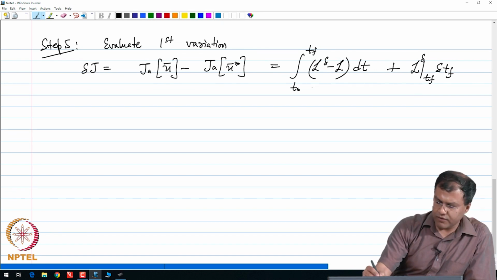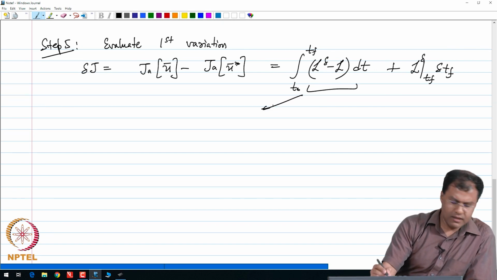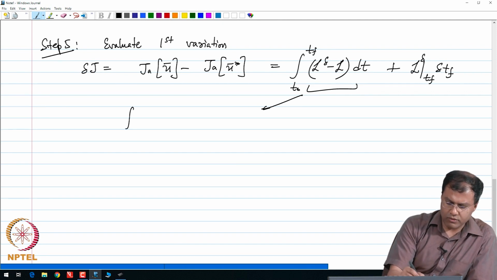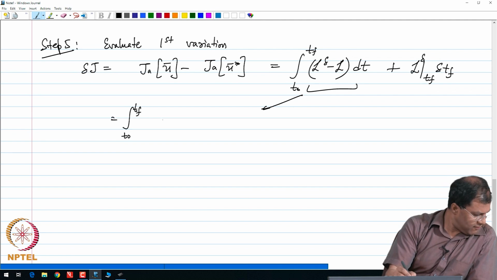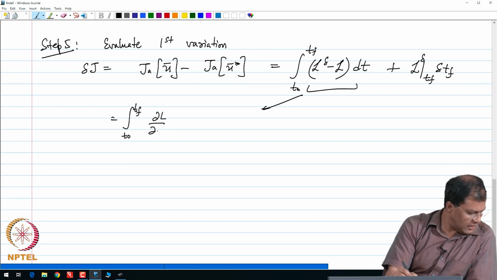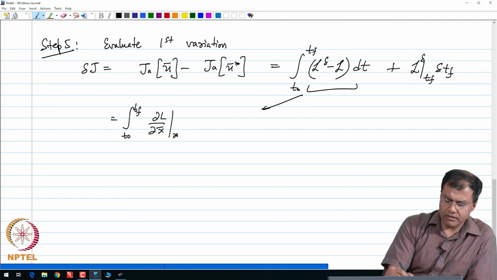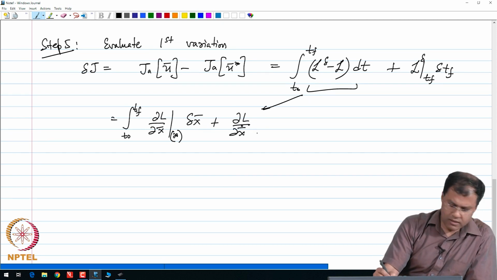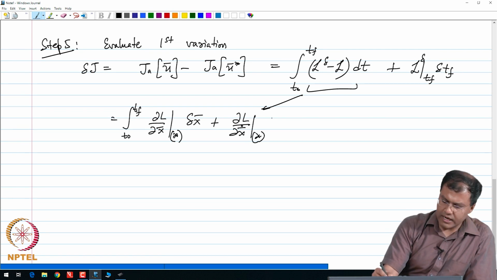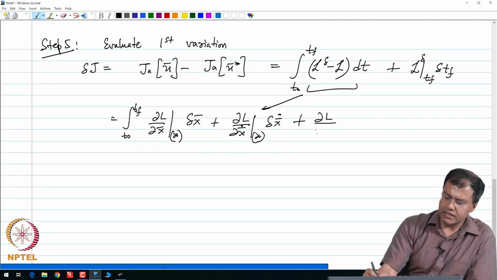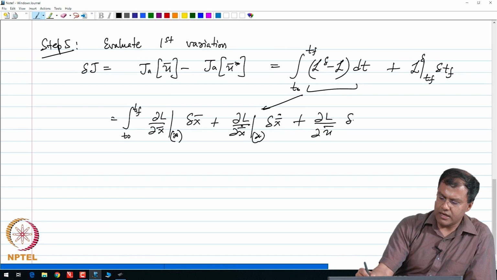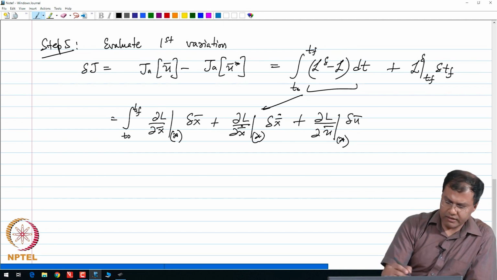So, notice that the first integral we expand and see that the following terms arise. So, this is the integral from T0 to Tf of partial L partial x at the star condition times delta x plus partial L partial x dot at star condition times delta x dot plus partial L partial u times delta u, and this is also at the star condition.